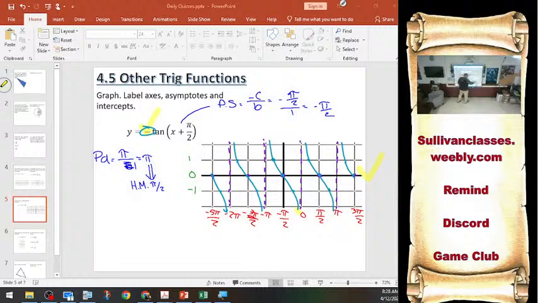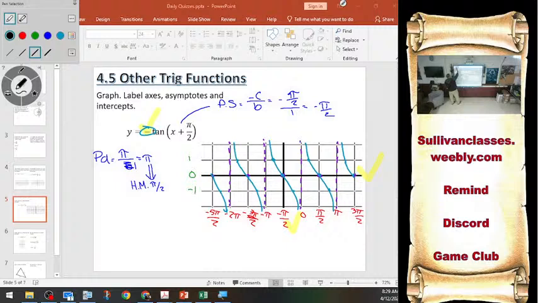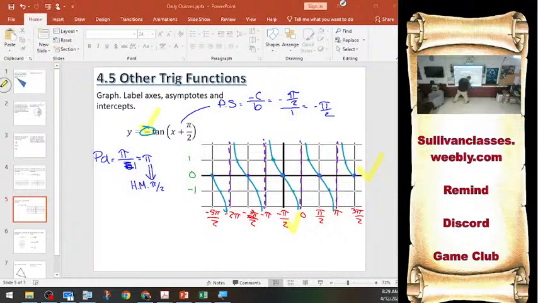Did you have the asymptote at 0 or x-intercept at negative pi over 2? Okay, so somewhere between those two, you started in the right spot with the correct feature. Did you get your spacing on the graph correct? Did you label your vertical axis correctly?